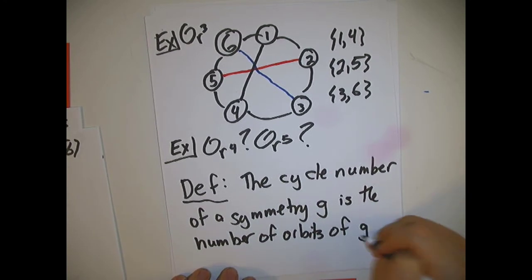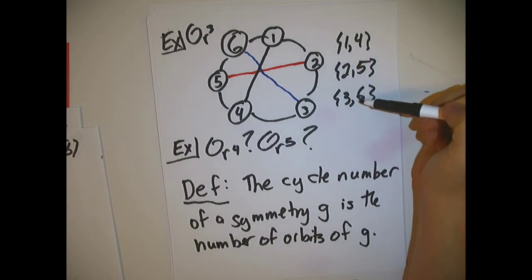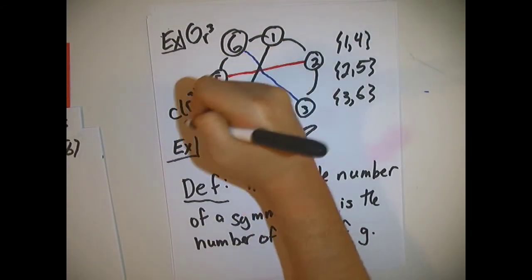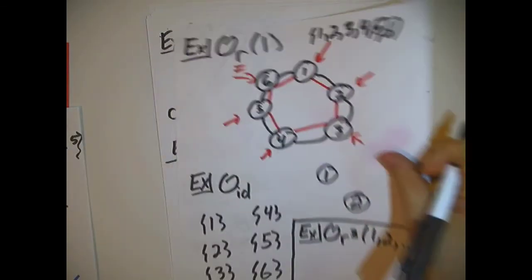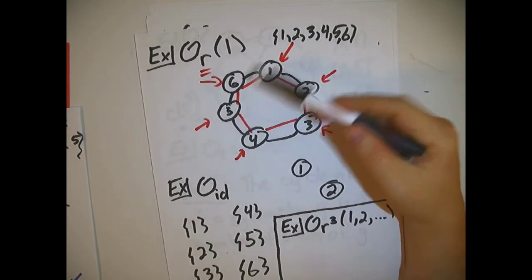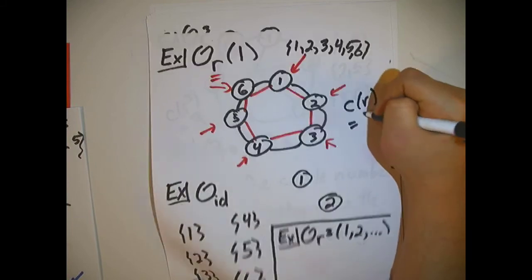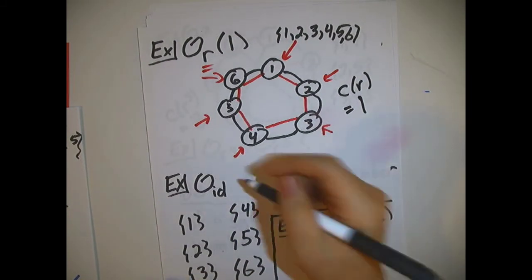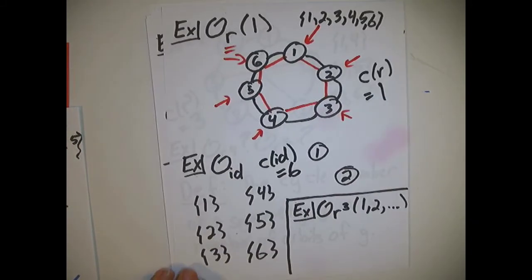Okay. And so going back to our examples, here there are 3 orbits. So what that's saying is that c of r cubed is 3. Here there was 1 orbit, so c of r is 1. Here there are 6 orbits, so c of id is 6.